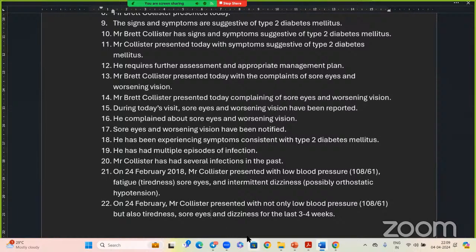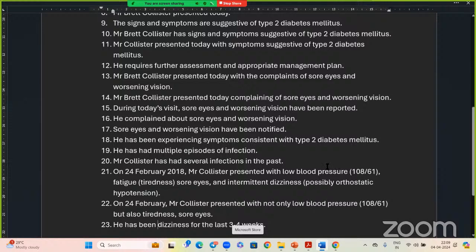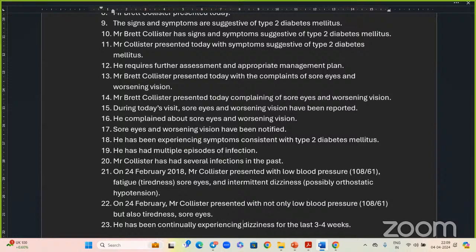Otherwise, what I'll do is I'll put a full stop here and put a new sentence. He has been continually experiencing dizziness for the last 3 to 4 weeks.